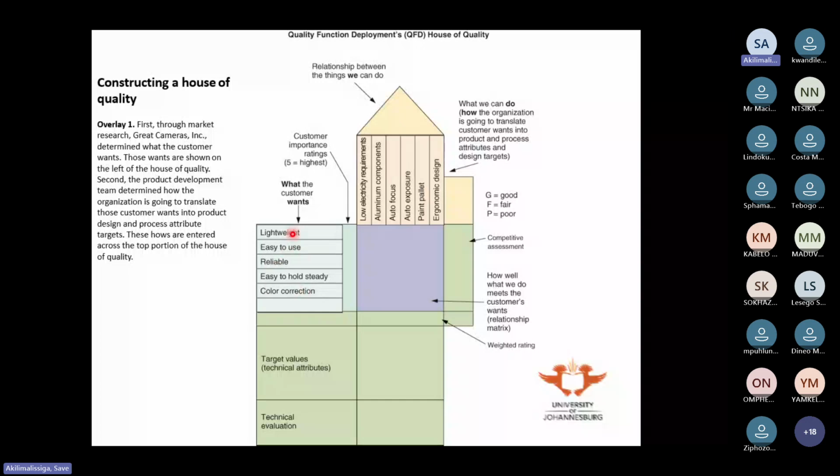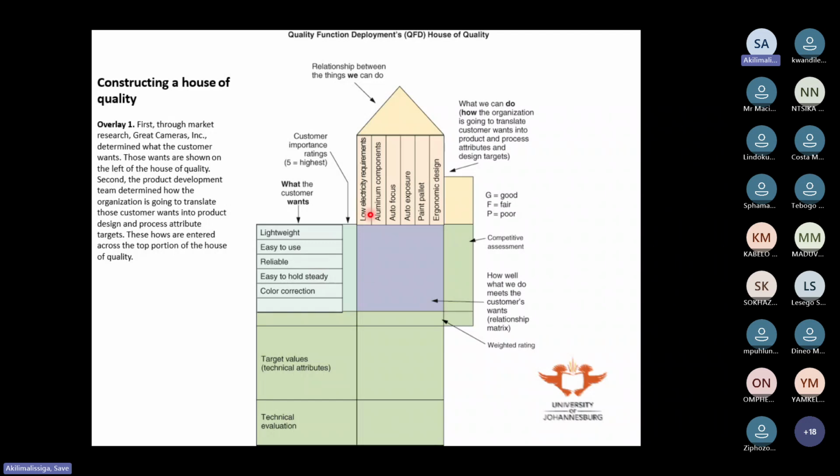So again, on this side, this is what I was referring to as, in this case, the product attributes, right? The elements or the things that the organization or the company can do in order to satisfy this requirement. And obviously, this goes back to the company, and the company will study this requirement and see how best they can identify probably the materials, right? The equipment in order to ensure that all these requirements or needs are met.